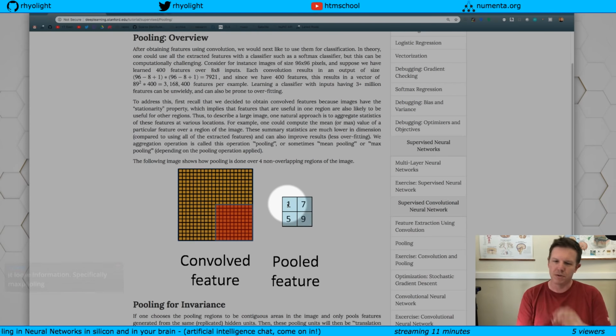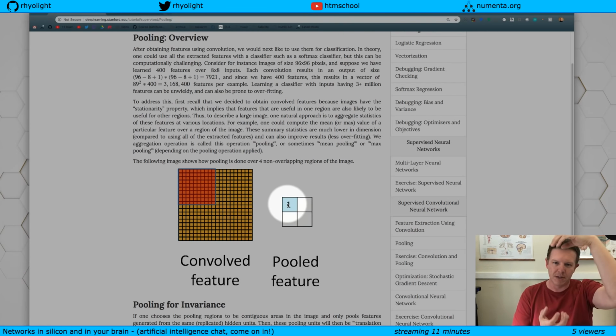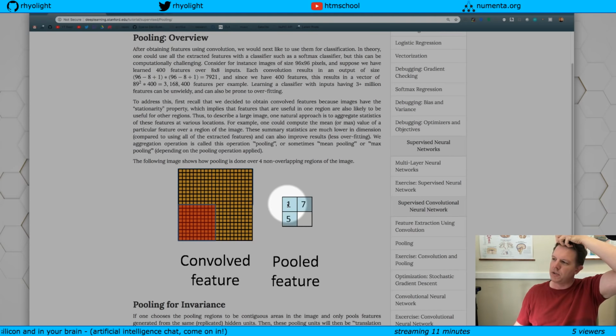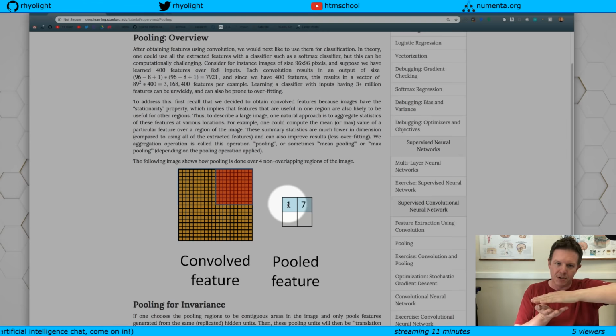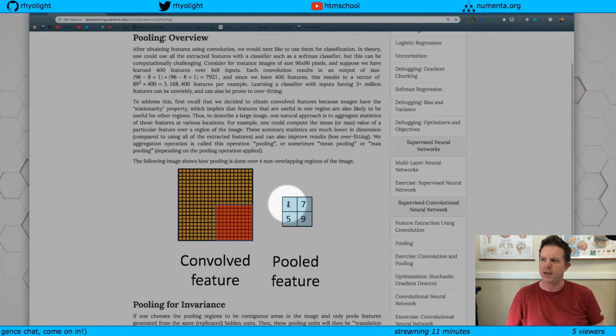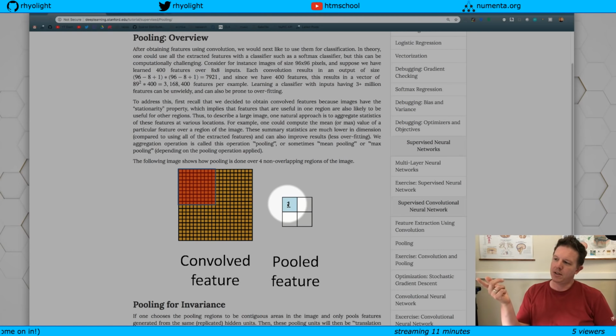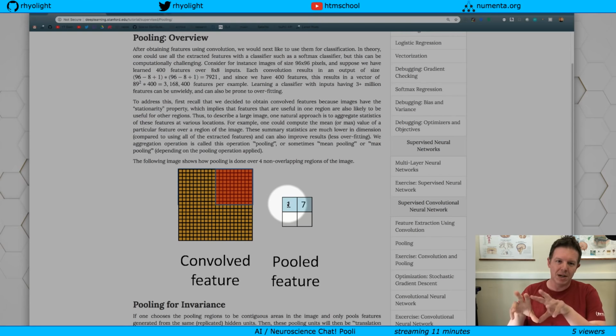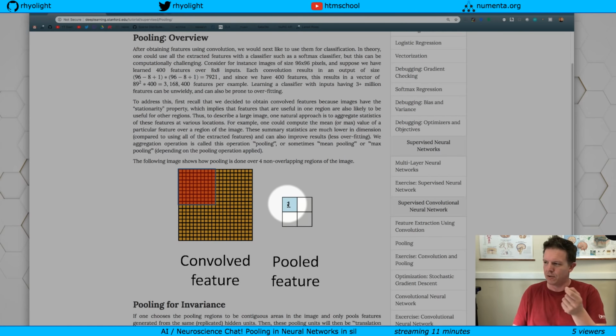So you're adding another layer of units after the convolution to further squelch down the feature space. In this case, I think this is probably showing maximum pooling, where you look in that space and take the unit with the maximum value, and that's the one that's represented.